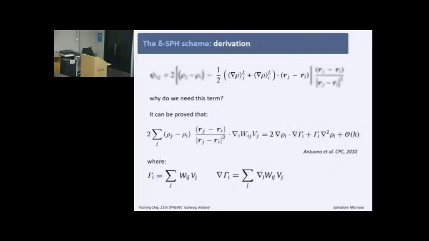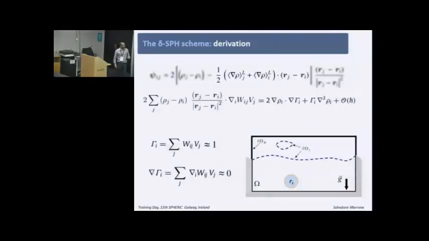And this term means that whenever this gradient of gamma, that should be 0 inside the fluid, is different from 0, we have another source that goes with the gradient of the rho. And gamma and gradient gamma were already split by Matteo, are the summation of the kernel and summation of the gradient of the kernel.